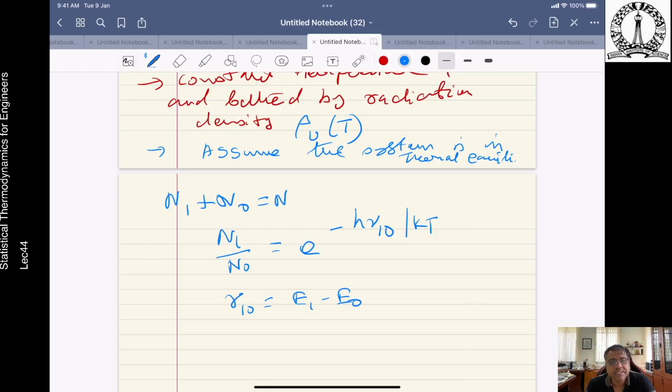So this is the state of the system, and nu 10 is basically the difference in energy between the two levels.